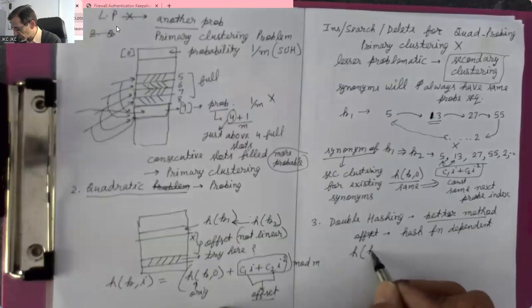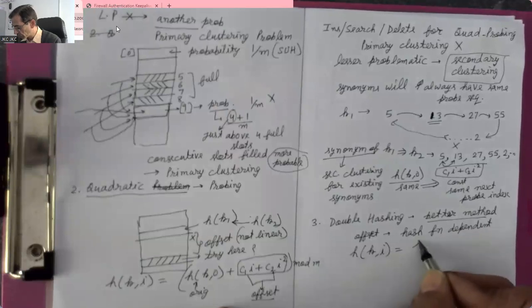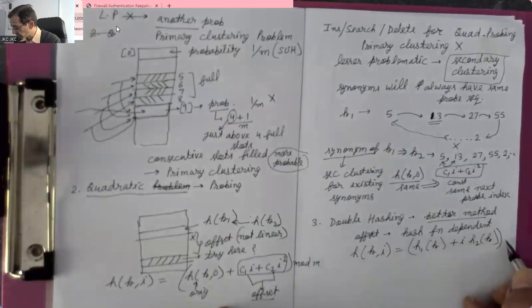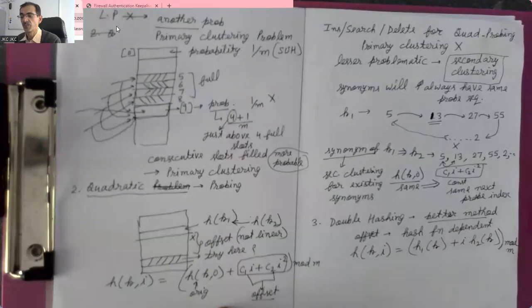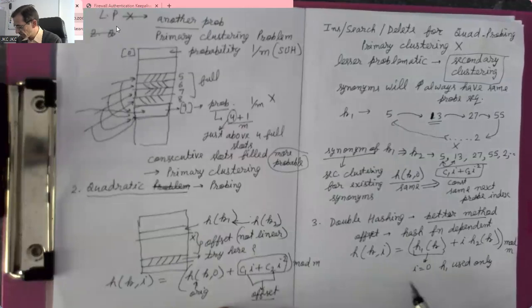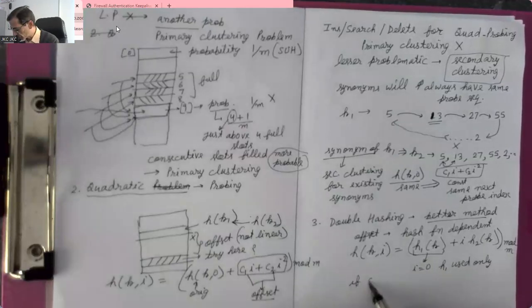It says that h of k, i will be equal to h1 of k plus i into h2 of k, of course with mod taken of this. For i equal to 0, h1 of k is used only. If there is a collision, then h2 comes into the picture.